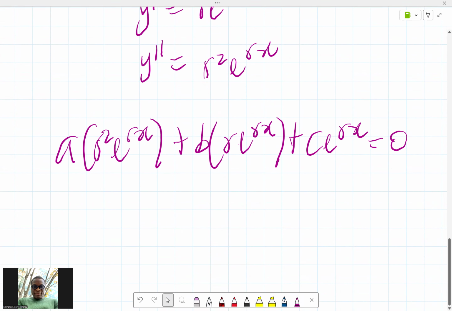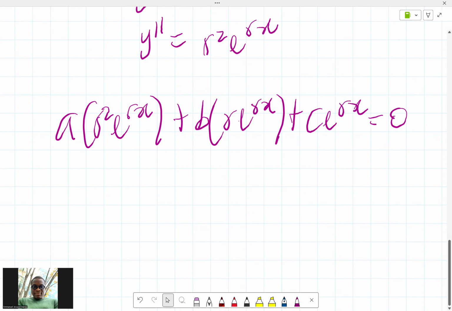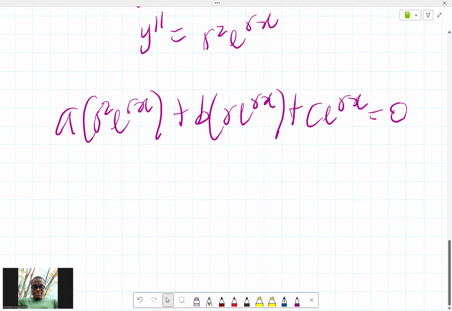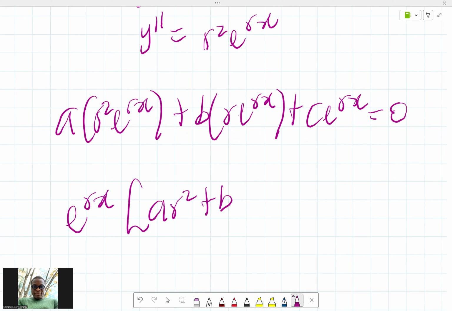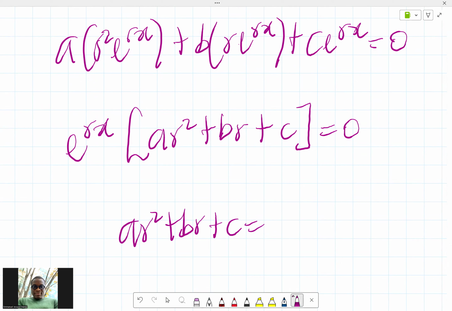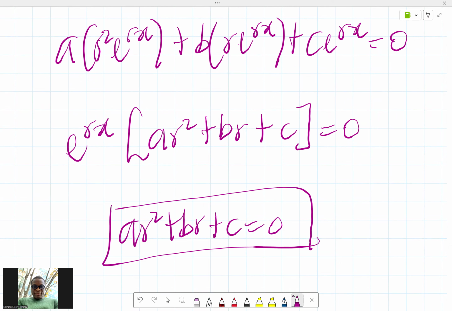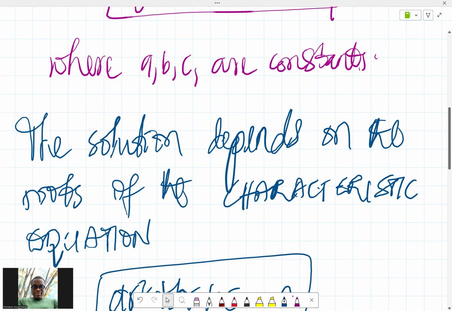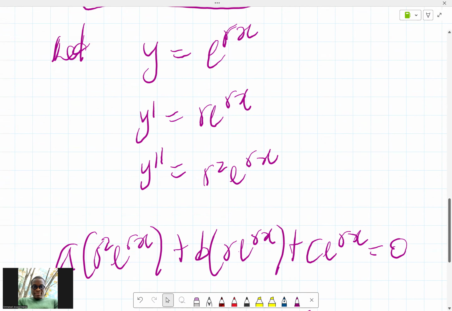You can see that e raised to power rx is common, so you can take it out: e raised to power rx times (ar squared plus br plus c) equals 0. Dividing through by e raised to power rx, you have ar squared plus br plus c equals 0. That is why this becomes the characteristic equation, and that's how it is arrived at.